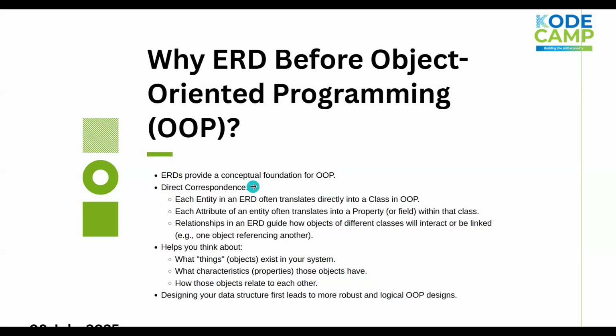Once we have identified that entity, it is known as a class in C sharp, a class in the code. So every entity you identify is actually a class in OOP. Are we good?